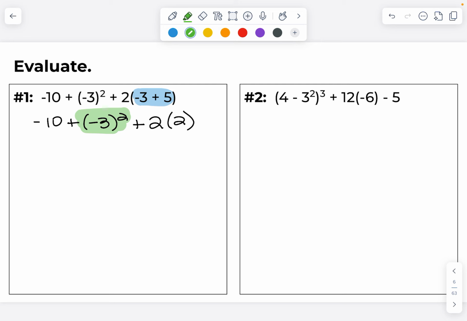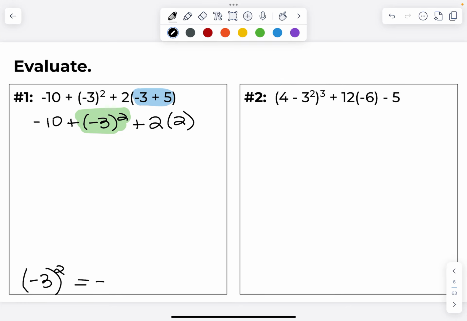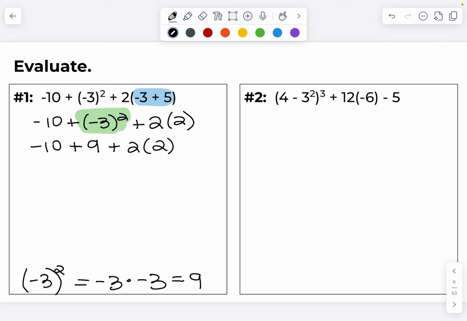Now, when you type this in your calculator, you need to type it in exactly like this, where you have that -3 wrapped in parentheses and squared, because that's going to tell your calculator to do -3 times -3, which will give us a +9. If you don't wrap it in parentheses and you type in -3 squared without those parentheses, your calculator will output -9 instead. So it will change the sign.